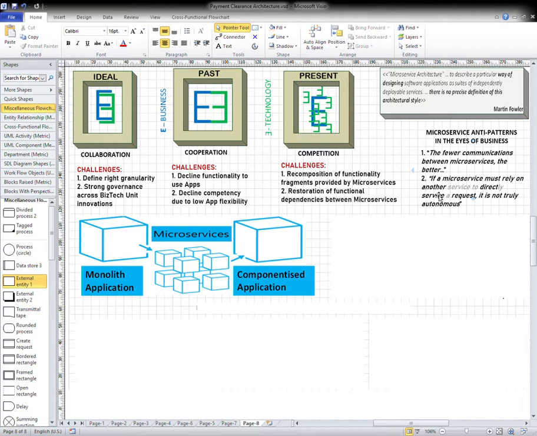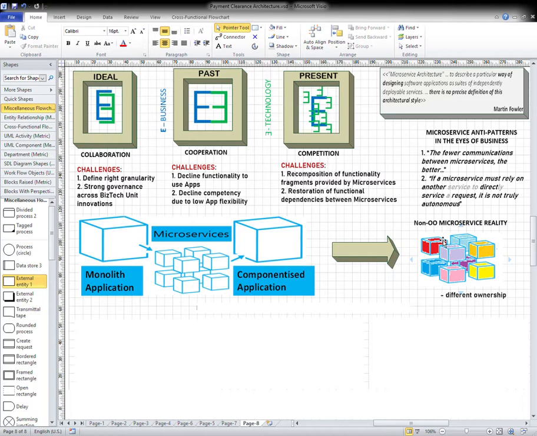Microservices are not only independently deployable units of work. They can be freely distributed and have individual ownership and life cycles. And this is an absolutely new notion for developers familiar with object-oriented development.